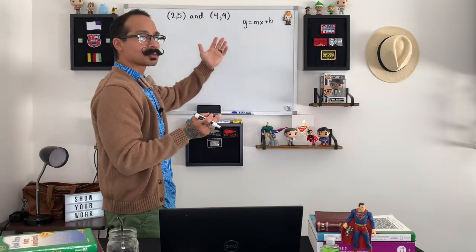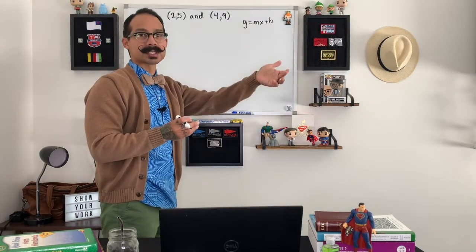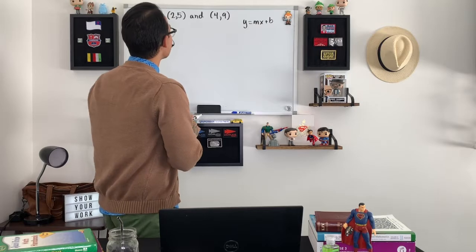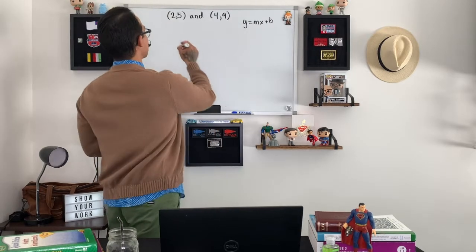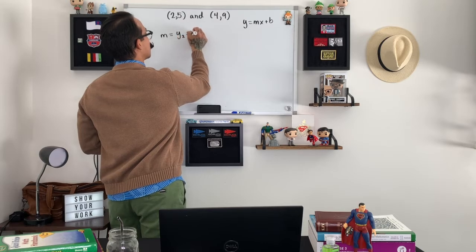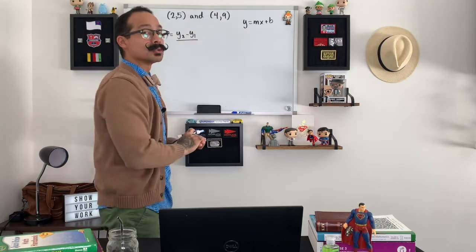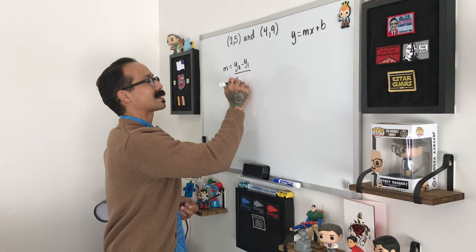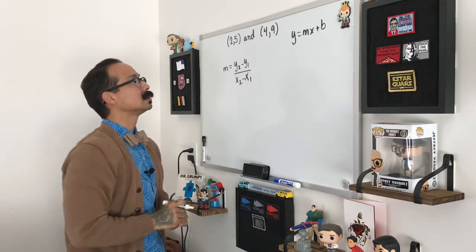Well, first, we could actually go back to that first example to find what the slope would be. So I'm going to write that equation down to find slope. m is equal to y2 minus y1 over x2 minus x1.